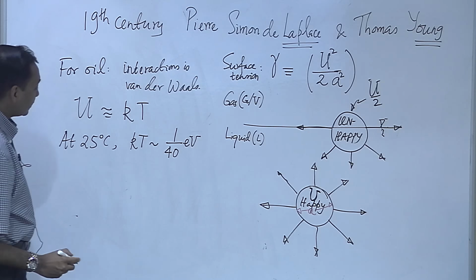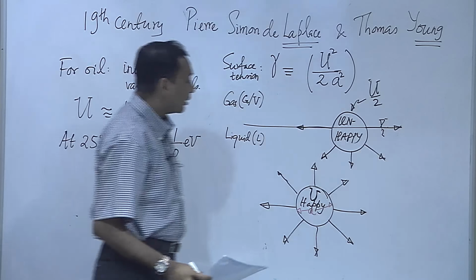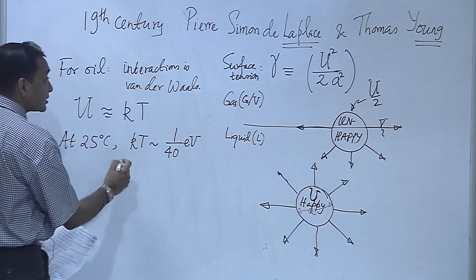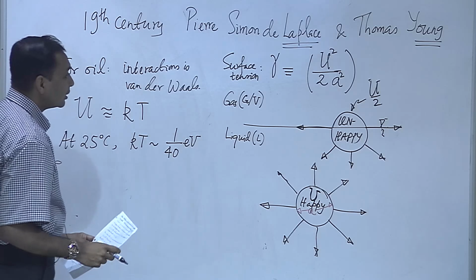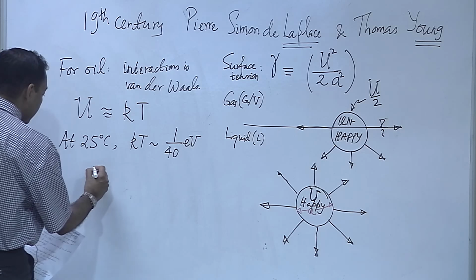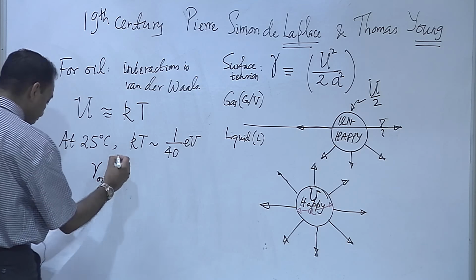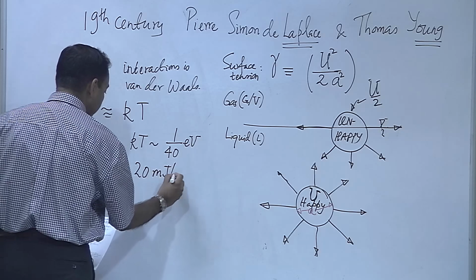So if I know the dimension of the oil molecule, I can plug this in, because my kT is around 1/40. I can say that the surface tension for oil at room temperature will be close to 20 millijoules per meter square.